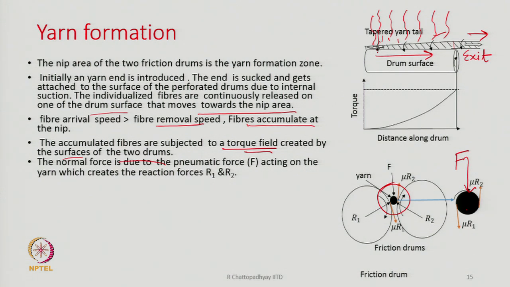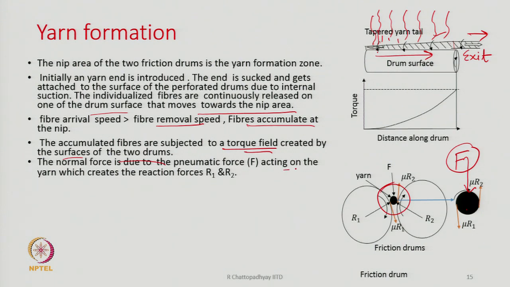We are trying to suck the air through the perforations, and fibers are coming and blocking those perforations, so a pressure differential will be created. That is what gives you the force F, that is the pneumatic force.